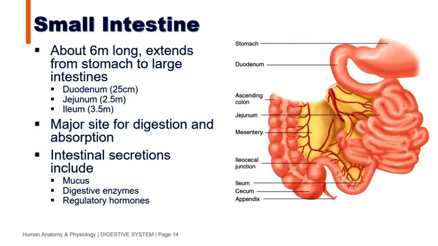And then you have your ileum at the lower part here, that is 3.5 meters long. Your small intestine is the major site for digestion and absorption. Okay. And then in your small intestine, you have your intestinal secretions that include mucus, digestive enzymes, and regulatory hormones.